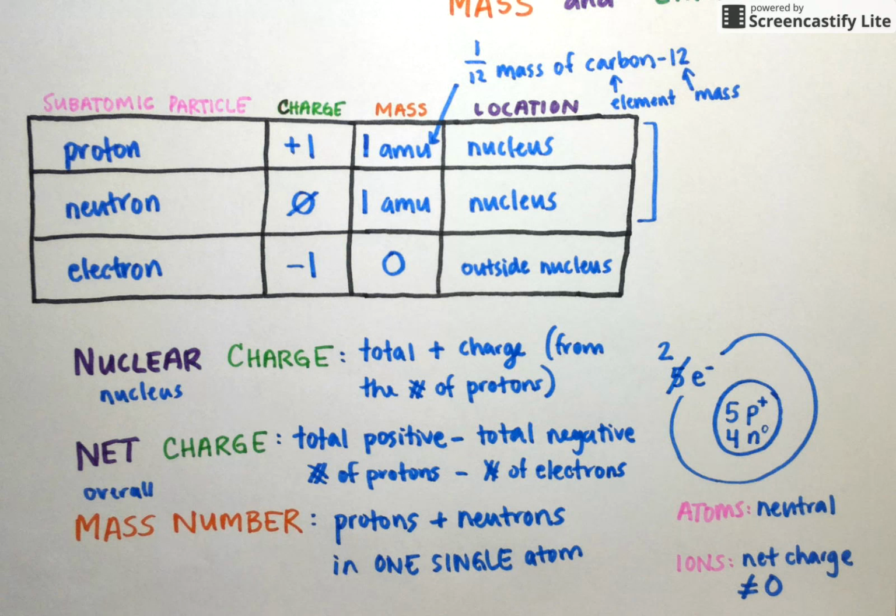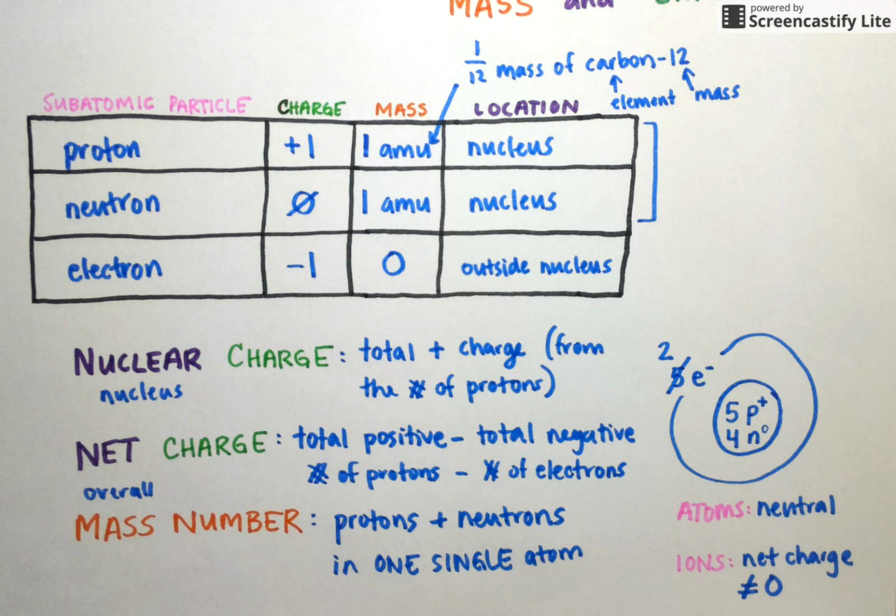That stands in contrast to the net charge. Net kind of means overall, right? So over here, when I look at the net charge, what I'm looking at is not just what's going on inside the nucleus, but what's going on in the atom overall. And again, in this case, I've got 5 positively charged protons and 5 negatively charged electrons. If I've got 5 positives and 5 negatives, they kind of cancel one another out in terms of their charge, leaving me with a neutral atom.